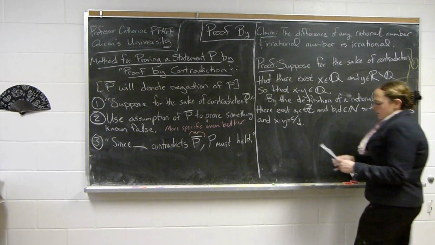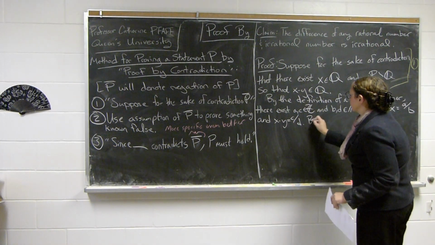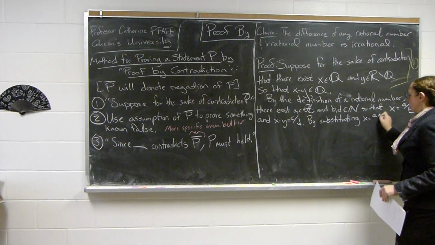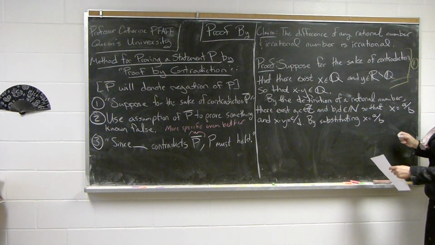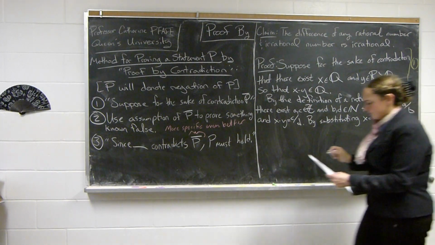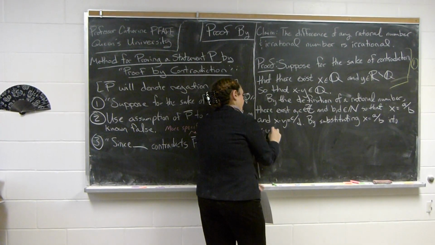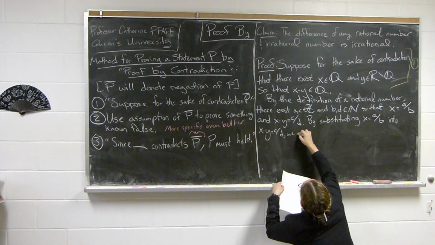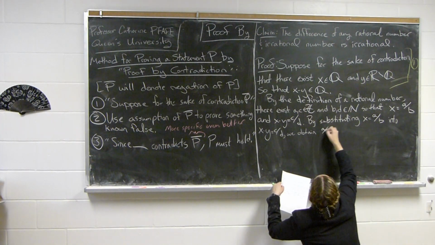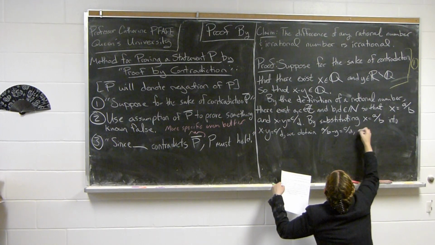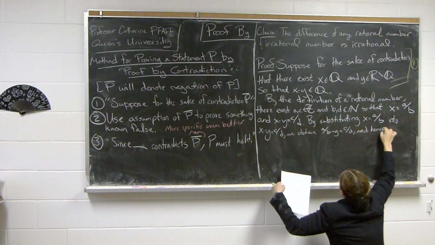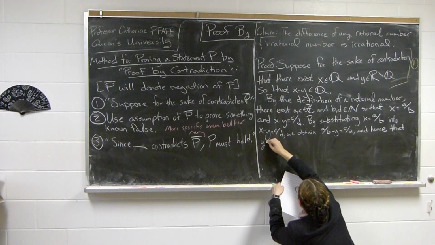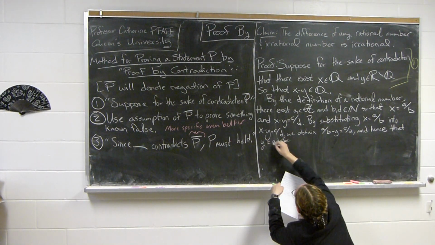So here we go. By substituting x equals a over b into x minus y equals c over d, we obtain a over b minus y equals c over d, and hence y is going to equal (ad minus bc) divided by bd.